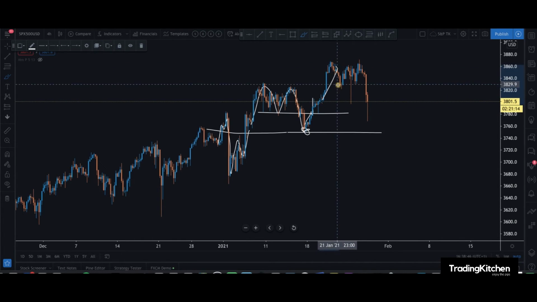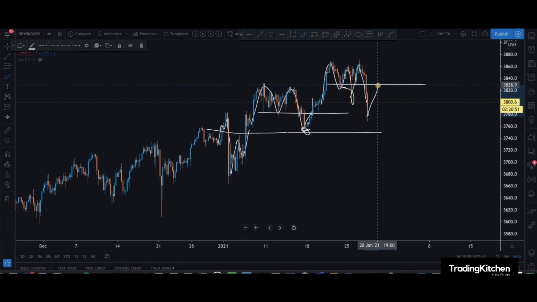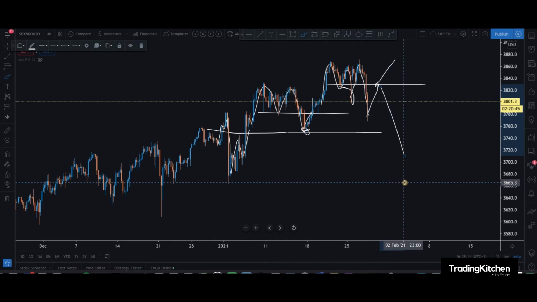Another example: price goes down and then tests the neckline again and makes another formation. This is a neckline, and what we expect is that price will retest the neckline again and then take a decision up or down.